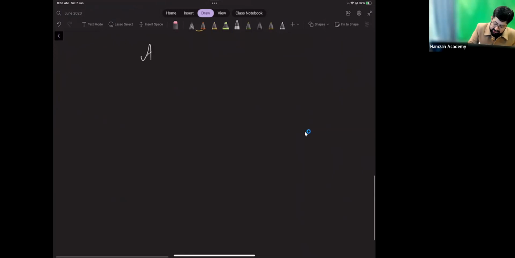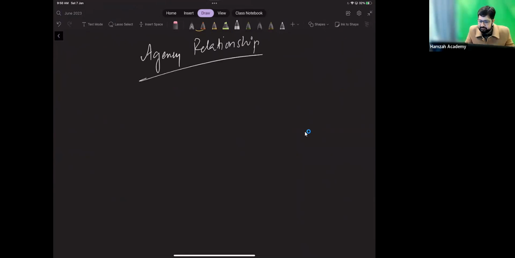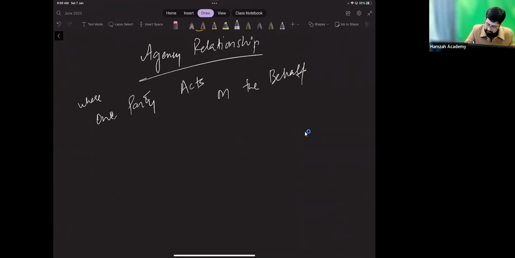That is called agency relationship. What is agency relationship? It is a relationship where one party acts on the behalf of another party. The party which is acting is called agent.